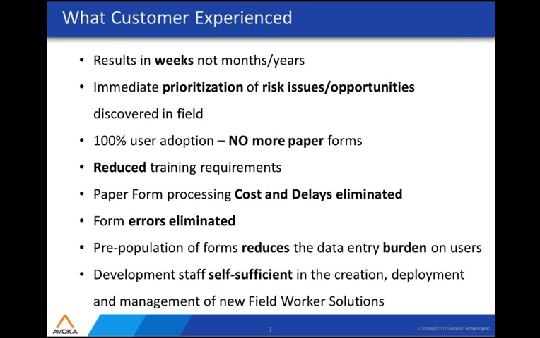The immediate prioritization of risks and opportunities is really specific to the form that you're putting in place. We work with companies in the pharmaceutical area where their sales reps, if they uncover something abnormal out in the field, can capture that immediately and it gets reported up immediately, reducing risk and reducing monetary exposure to the company.